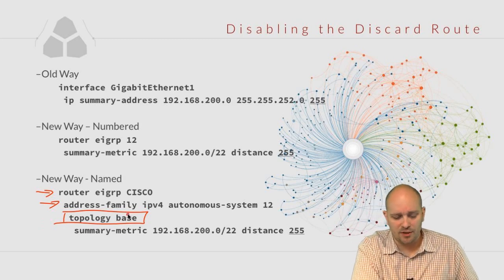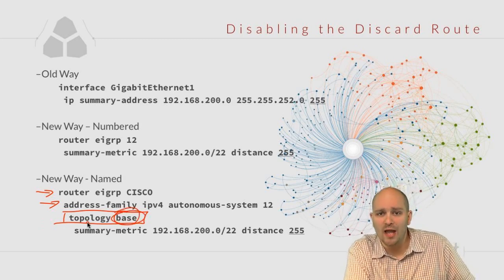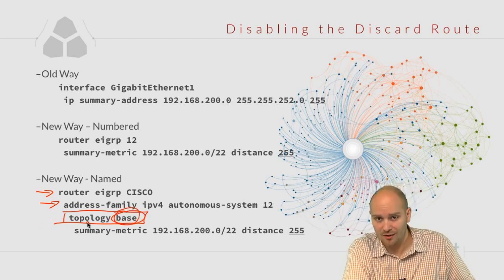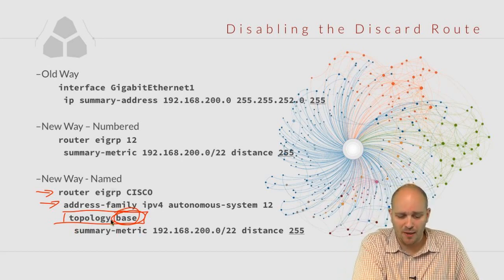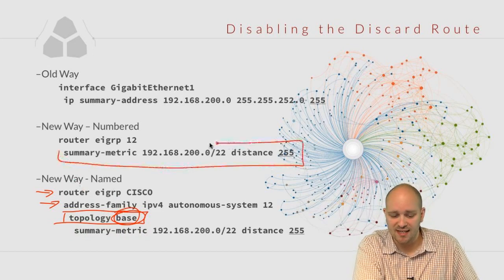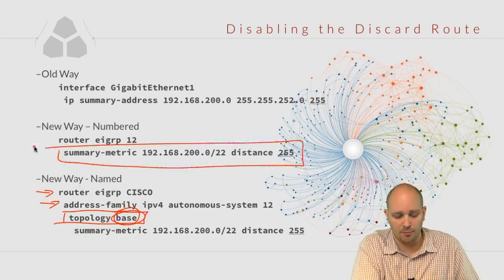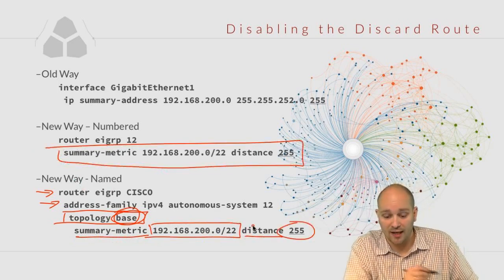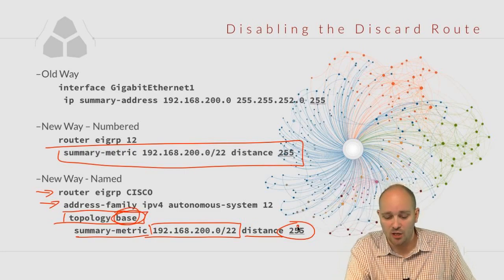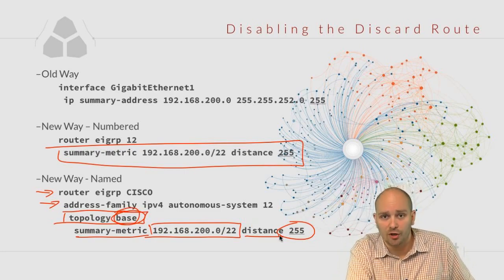Just remember that the topology base is where you are configuring your main routing tables. Under this topology base, you would use the exact same command as in numbered mode: summary metric, the prefix that you are modifying, and the distance that you are configuring. And if you want to disable your discard route, you would use the distance of 255.